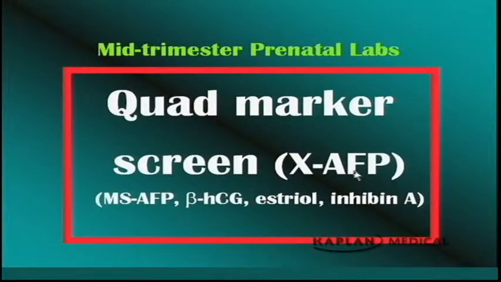In some areas of the country, they are advancing this from a triple to a quadruple screen and adding to the MSAFP, beta-HCG, and estriol, a fourth marker, which is inhibin A. And that then increases the sensitivity for Down syndrome up to 85 to 90%. But this is not the standard of care at this point, but the triple marker screen is.